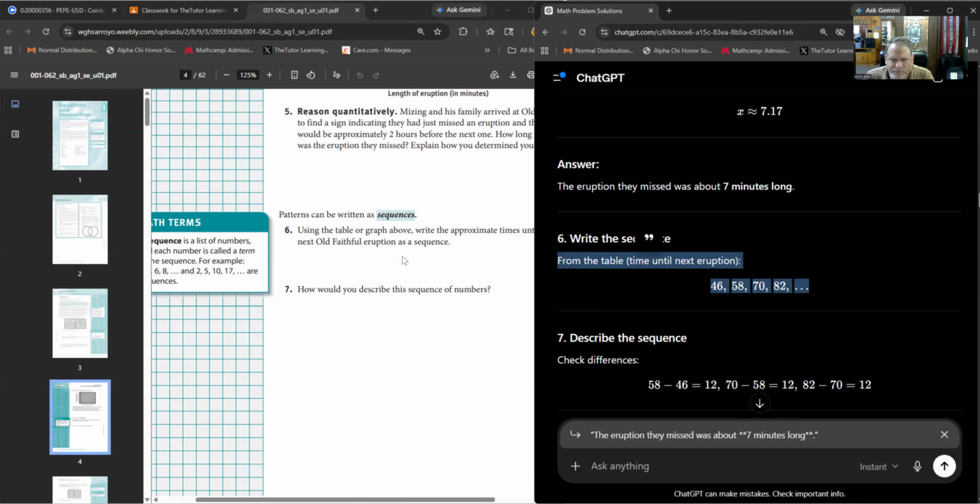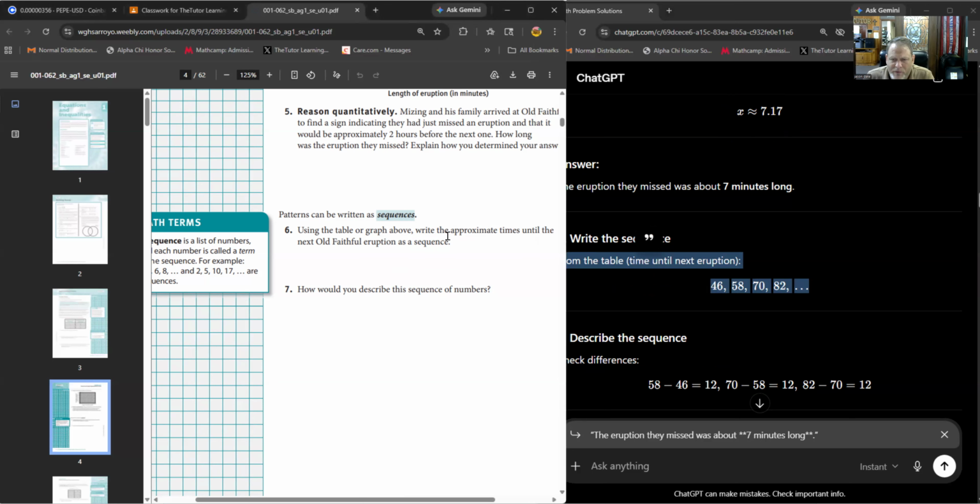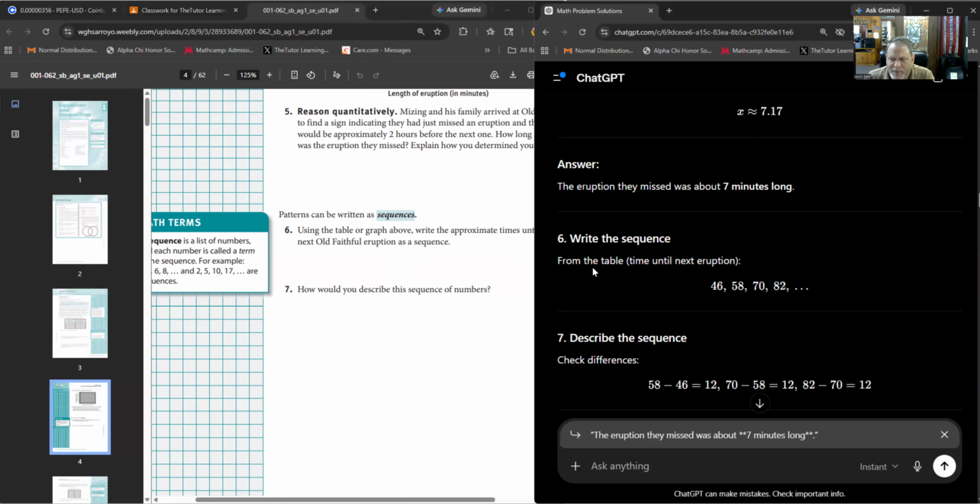Okay, so using the table or graph above, write the approximate times until the next Old Faithful eruption as a sequence. All right, so from the table above, you're going to write 46, 58, 70, 82, and they're all going to be 12 each. The wait time is 12 each. Does that make sense? Okay.